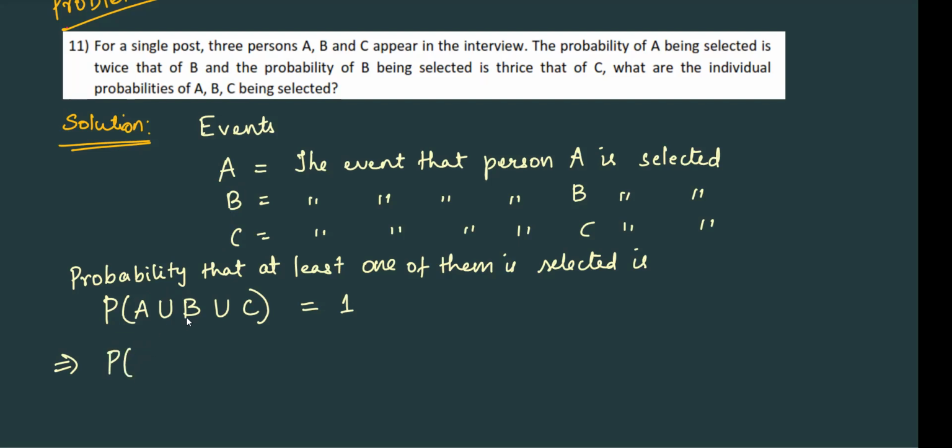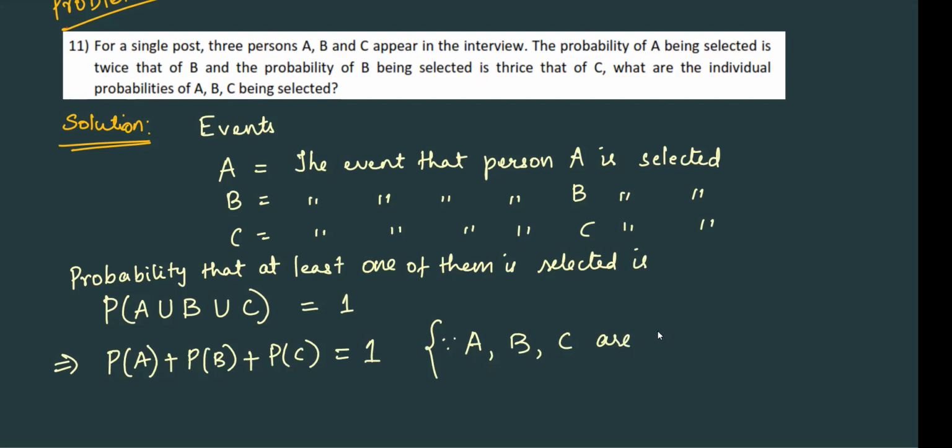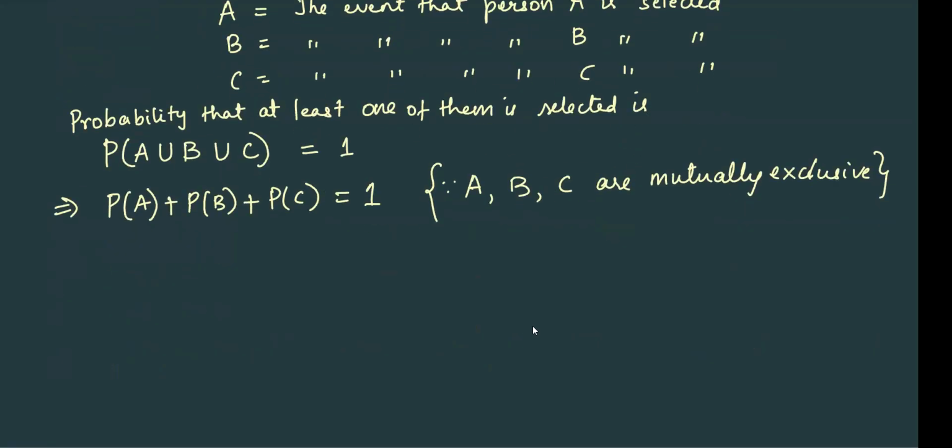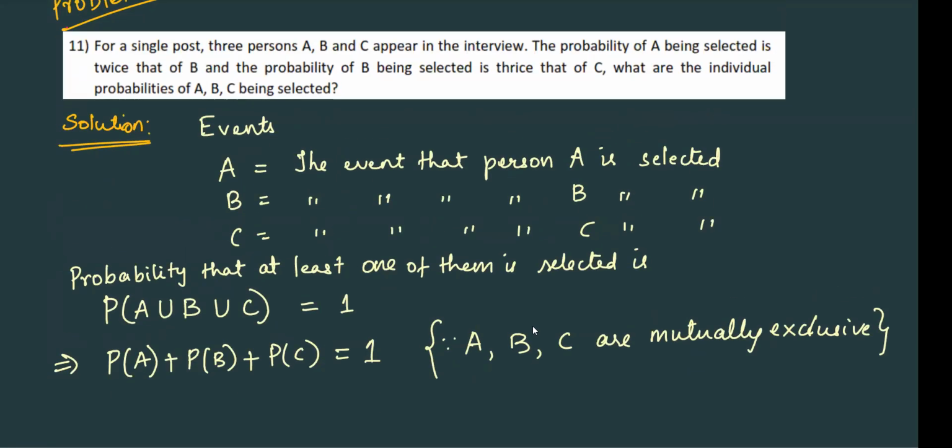So therefore, P of A union B union C will be P of A plus P of B plus P of C. The intersection will not happen, since A, B and C are mutually exclusive. So it's an oral question, but we have to understand these concepts. Okay, they are mutually exclusive events.